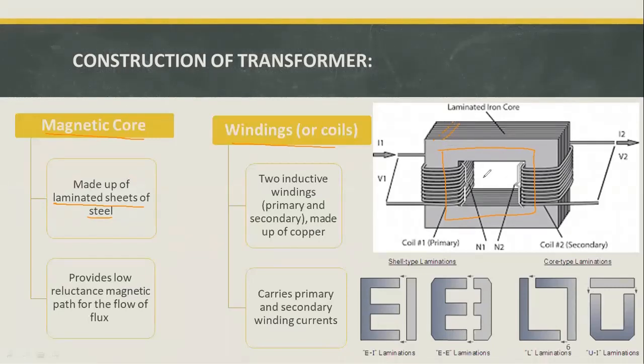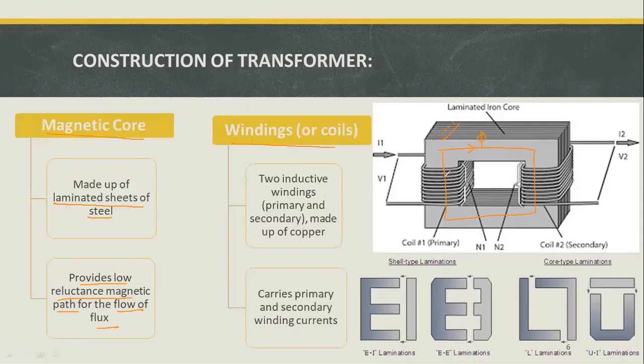Now the function of this core is basically to provide a low reluctance magnetic path for the flow of flux. Since this is a magnetic core, a magnetic component called flux will flow in this core, and the core provides a low reluctance path for this flux to flow in this entire path. So that is about the magnetic core.